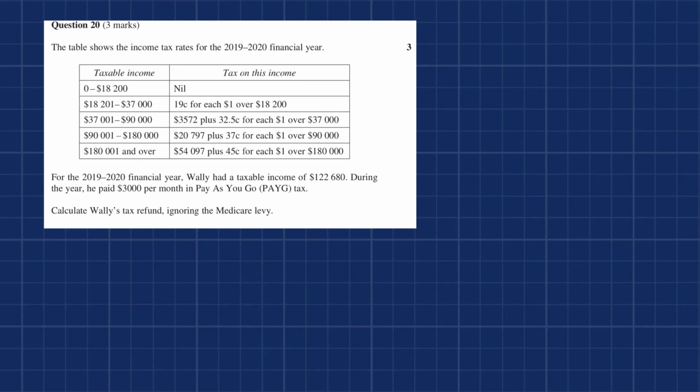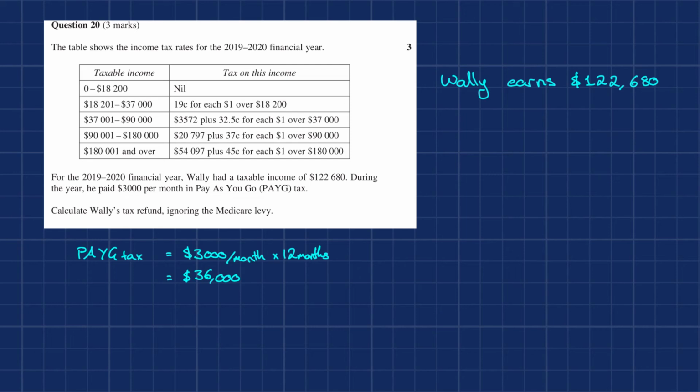All right, so let's first calculate the pay-as-you-go tax that he paid. He pays $3,000 per month over a 12-month period from 2019 to 2020. So $3,000 times 12 months equals $36,000. Now he has an income of $122,680.